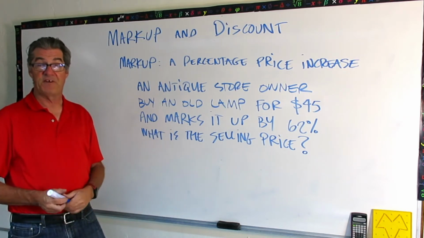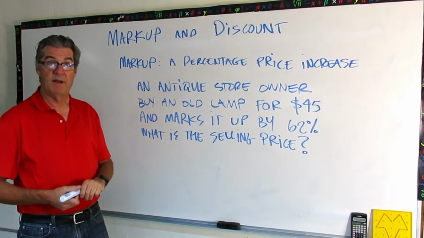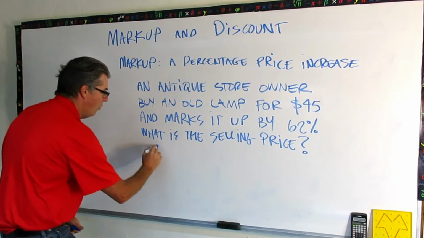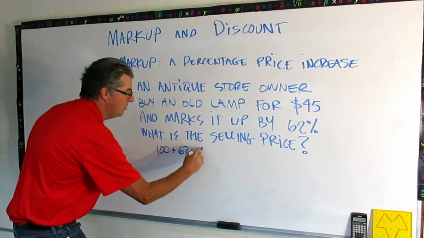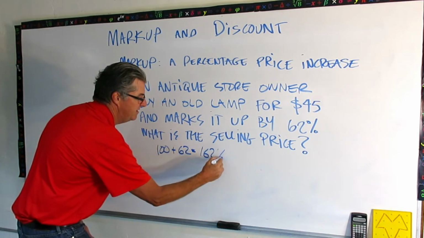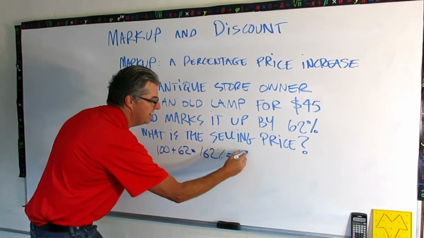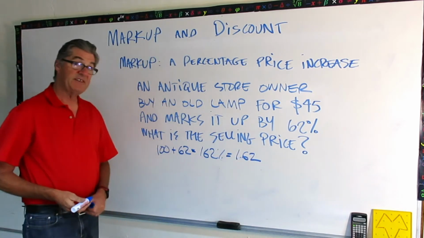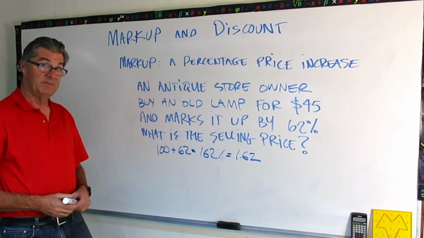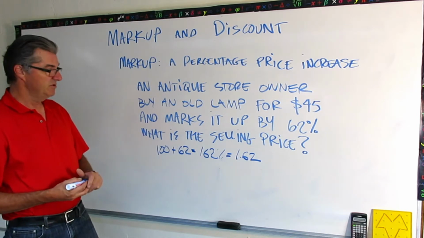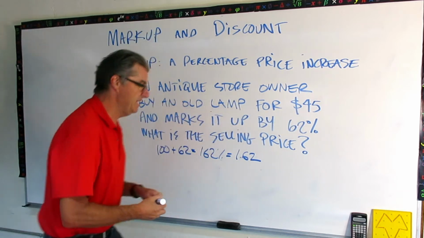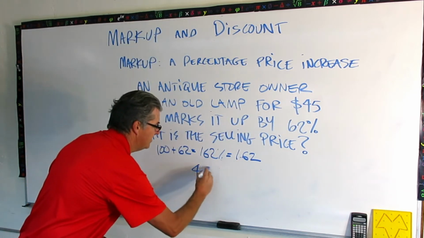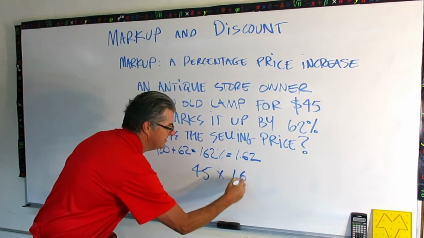So first we need to figure out our multiplier. And remember, our multiplier is going to be 100 plus 62%. That's going to be 162%, which is going to equal 1.62. So that's our multiplier for this problem. Now all we do is we use the multiplier by multiplying it on the price that he paid. So this is going to be $45 times 1.62.